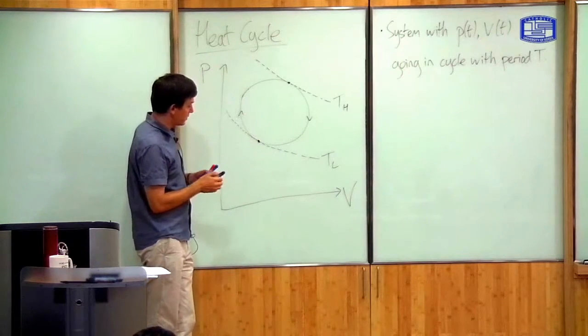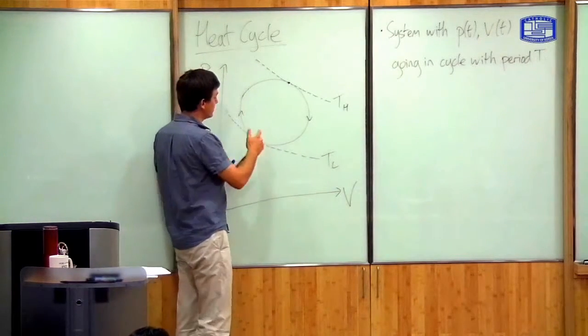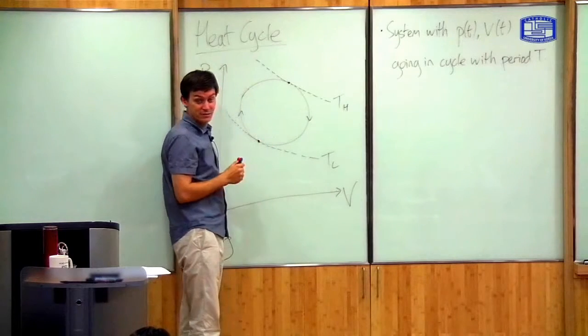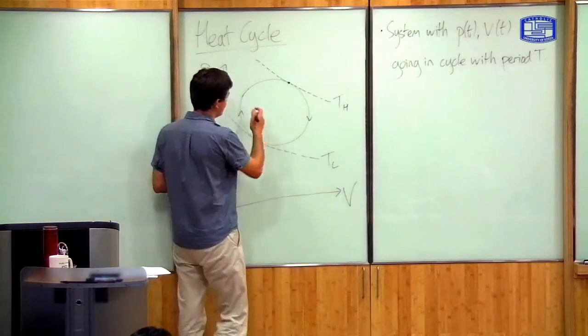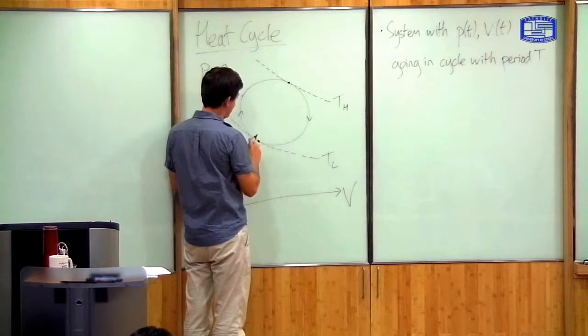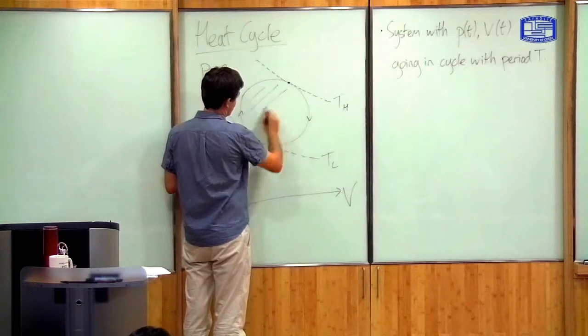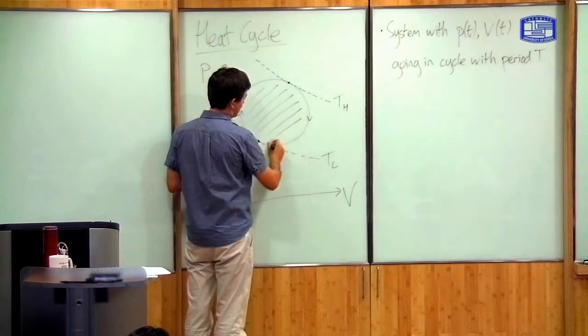And we already said the work done was equal to the area under the curve. So the net energy, the net work generated by this cycle is given by the area inside the loop.